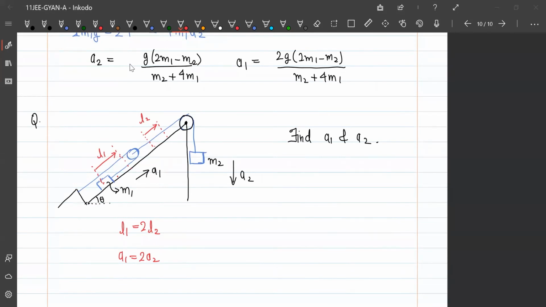सर L1 equals to L2 नहीं समझा. See, if you move this pulley by L2, तो pulley आगे move कर रहा है by L2 distance. So let us say pulley यहाँ पे था और यहाँ पे move कर गया.